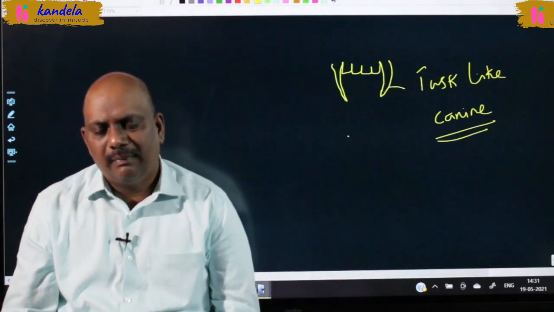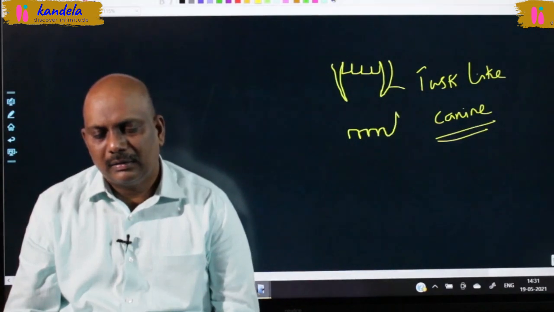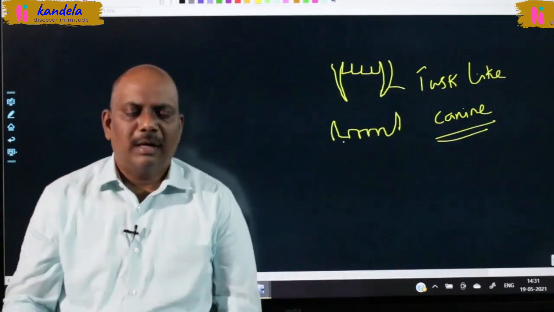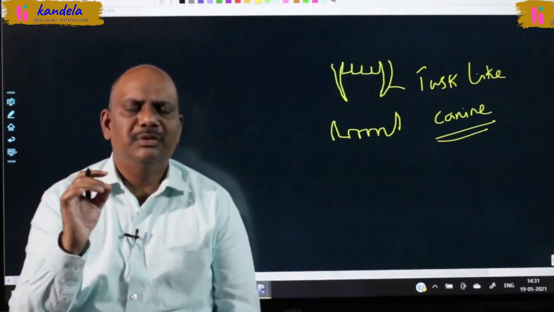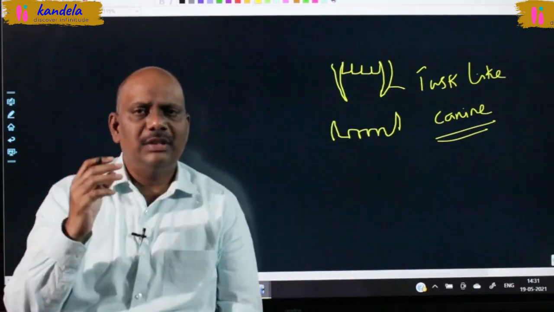Because our primitive apes had a quadrupedal locomotion. As a result, all their 4 limbs were utilized for walking.